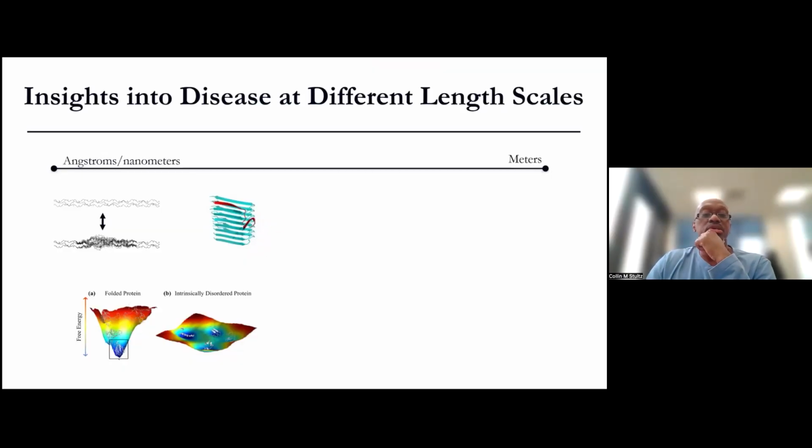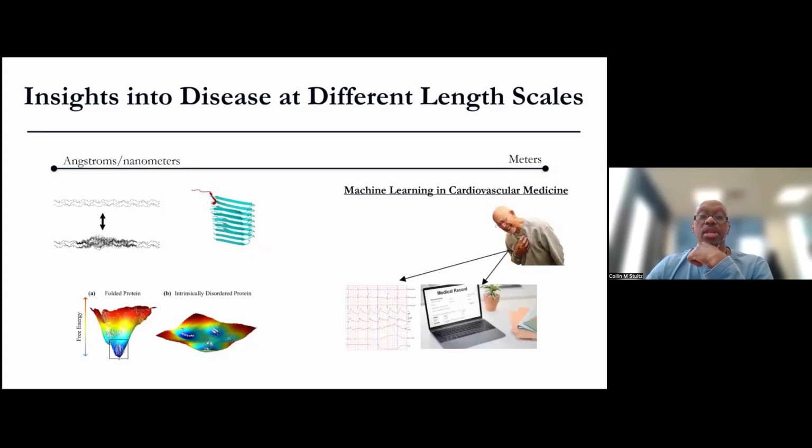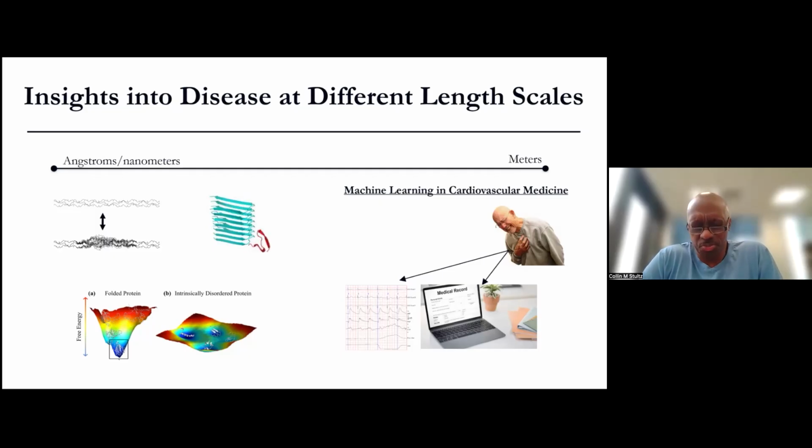And within the last couple of decades, the last 20 years, I'd say, our work has been mainly in looking at phenomena on the level of meters, things that you can see with the naked eye. And this work sort of bridges my clinical interests both in cardiology at Mass General and a long desire by myself and those who I'm privileged to work with to impact the care of those who are ill.